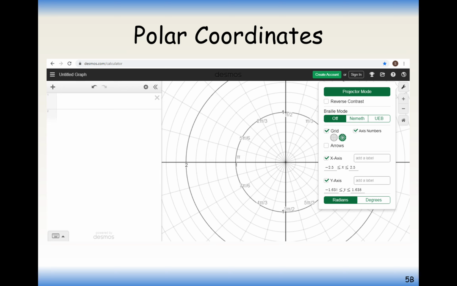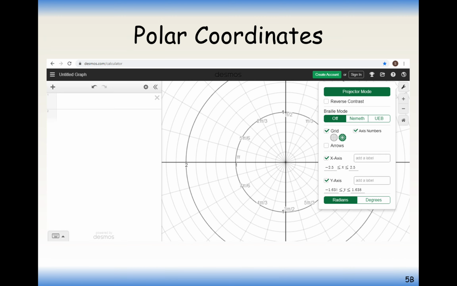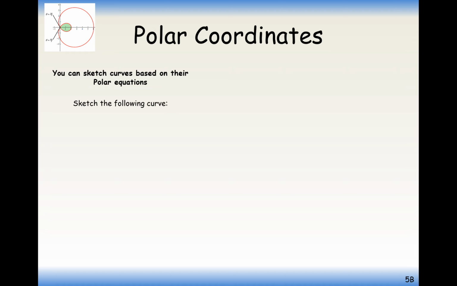So I like to have polar coordinate graphs option switched on, I like to have projector mode on because it's a bit clearer then, and I like to zoom in to about this kind of axis here. What I'd like you to do with all of these graphs here from before, replace cos with sine, and you can see the pattern for yourself. In fact, you could just experiment with all sorts of different polar coordinate graphs on this graph plotting software if you wish to do so.